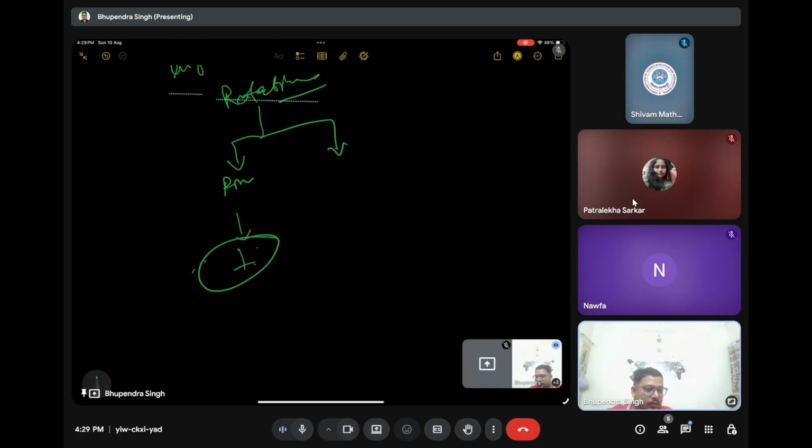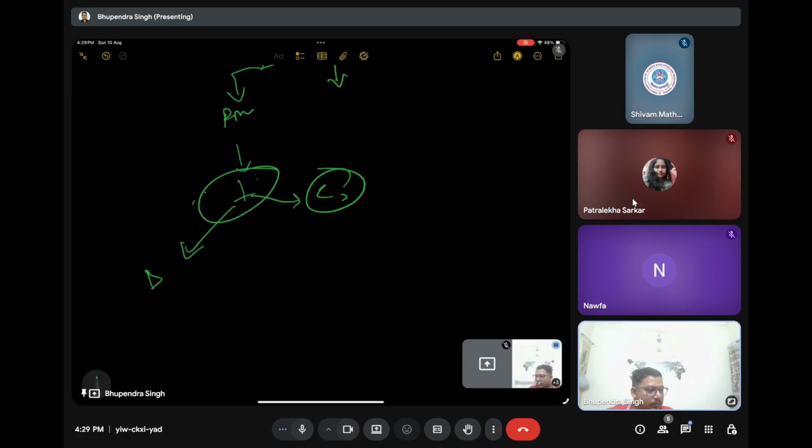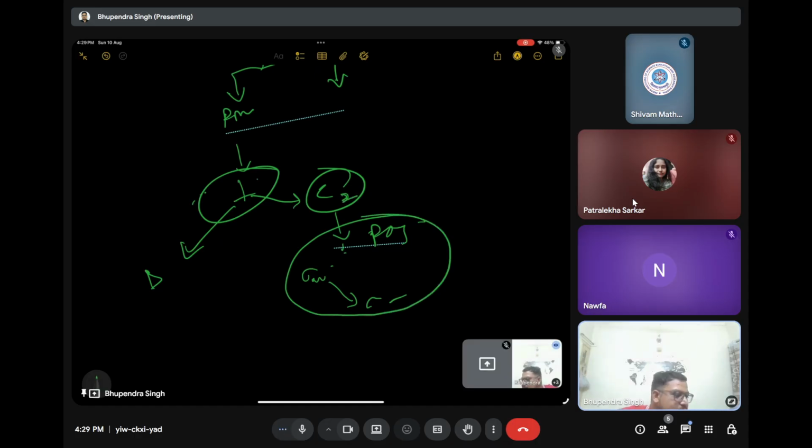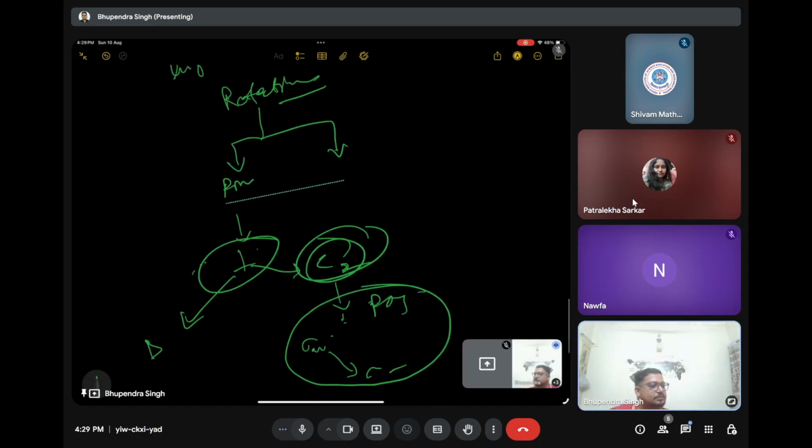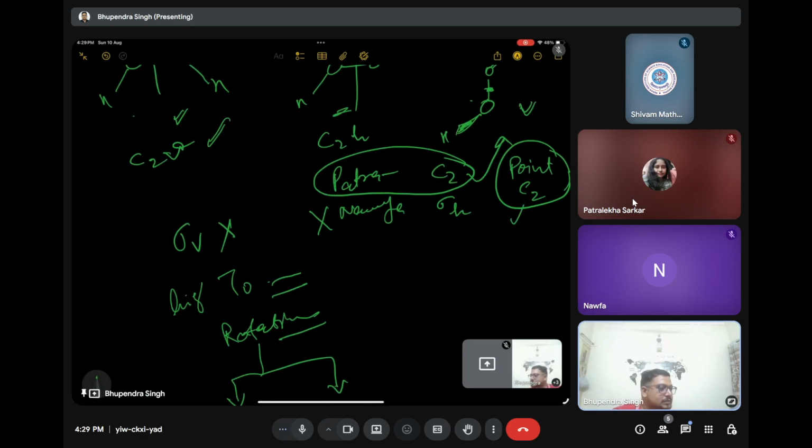If it is not there, then it is a C point group. If it is there, then a D point group. Then look for the plane of symmetry. If it is there, then sigma H will come if present, otherwise sigma V. So sigma is not present, only C2 is present. So your point group is simply C2.